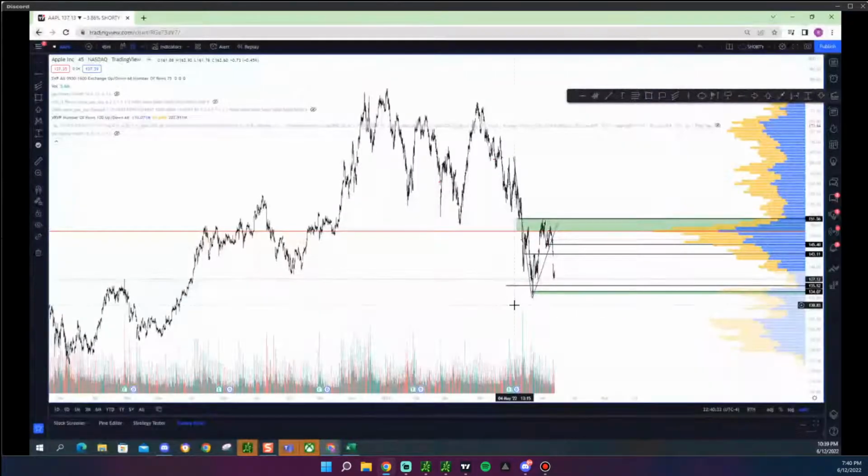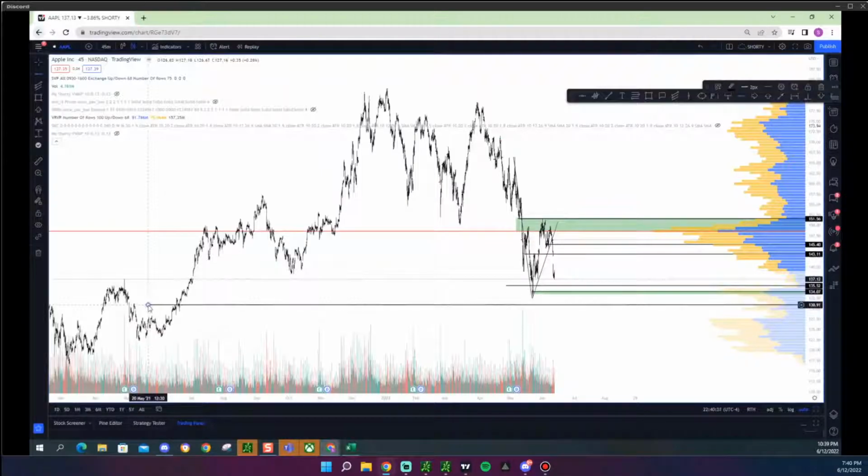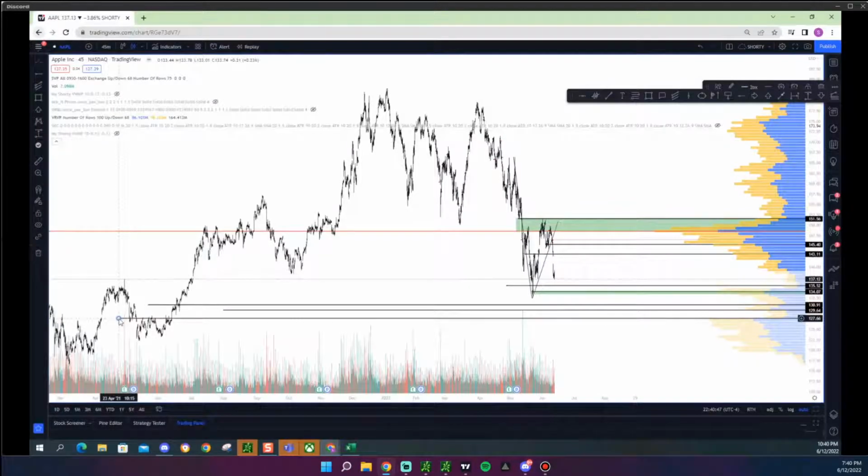And if we break that, then you got 130. Pretty much it's going to happen quick. And if you break 129.64, then you have a nice little dump of $2 here. This is a pretty safe play. I don't know where we're going to open, but I would expect us to hit 134 tomorrow.